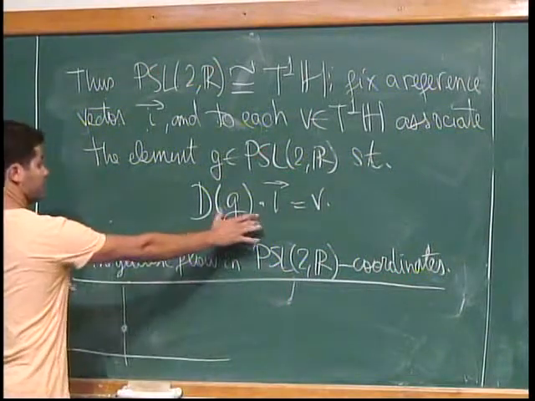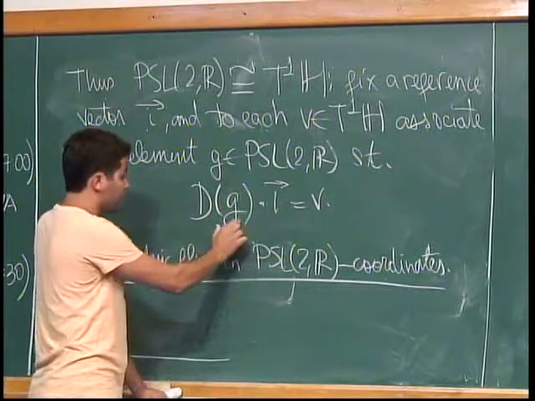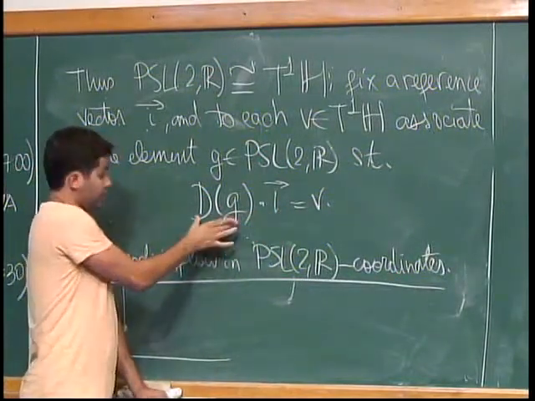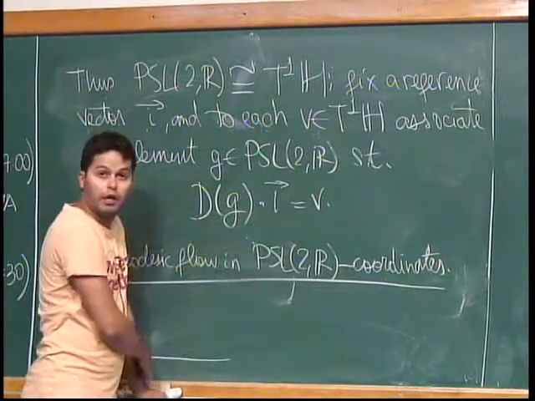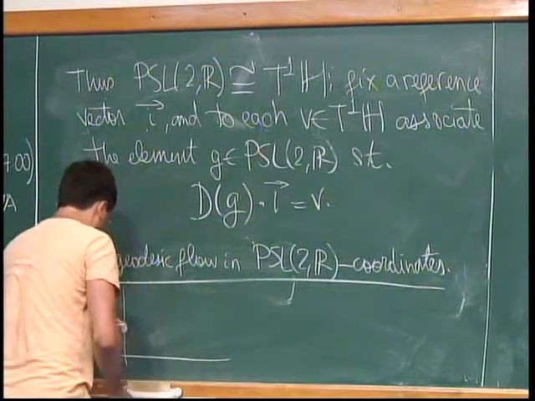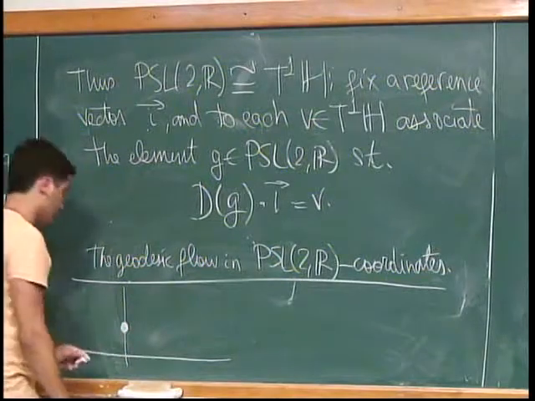By this association, because I fixed the reference vector I, the matrix which the vector I is associated to is the identity, right? If you take G equal to the identity, D of the identity at I is equal to I. Okay. So what the geodesic flow does to I at time 0 is nothing. It applies the identity.